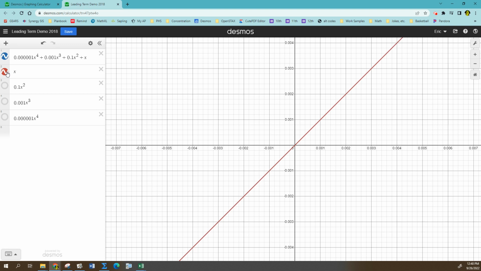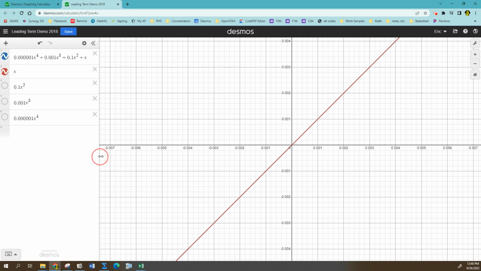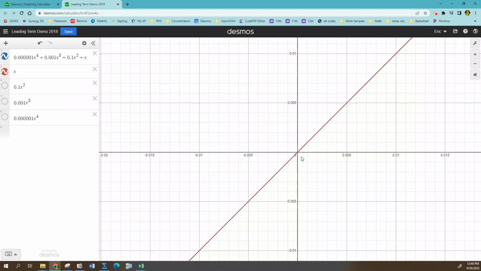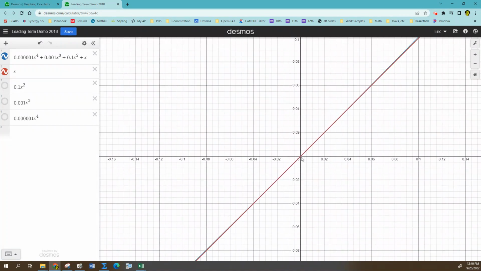So it would appear on this scale, if we were going to employ inductive reasoning instead of deductive reasoning, we would say, okay, well then clearly the dominant term in that polynomial must be the linear one, but it's not. If I zoom out a little bit, pretty quickly we can see that things change in a way that makes it nonlinear.